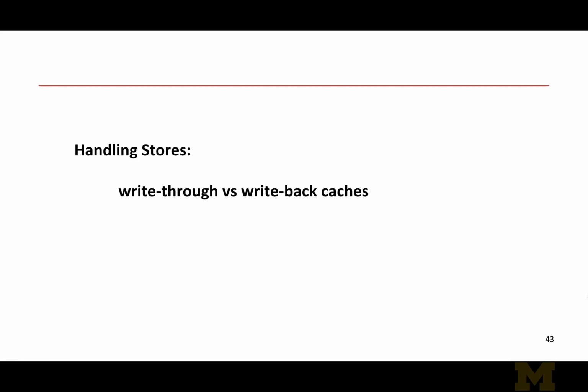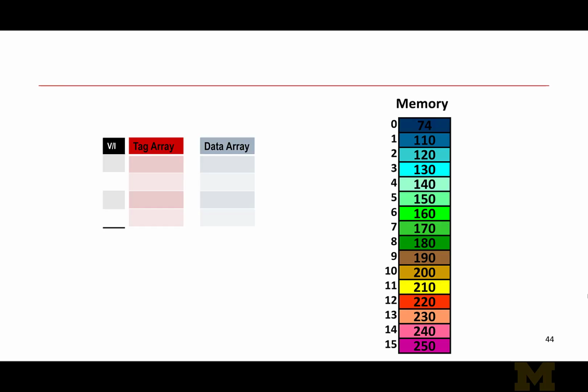So now let's talk about how to handle stores in our caches. There are 2 policies available: write through and write back, which we're going to talk about now. Let's go back to our simple cache architecture where we had cache blocks of size only 1 byte. Again, we have this 4-bit address space with 16 address locations, and each one refers to 1 byte of data.